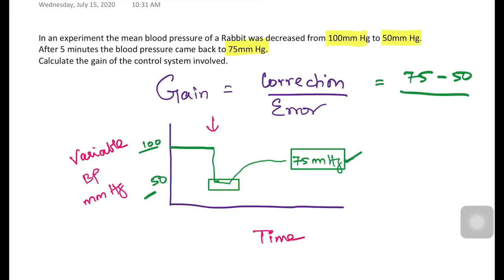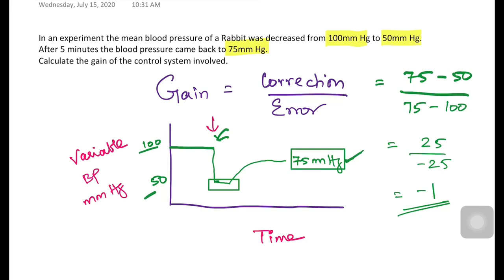Error is the remaining error, that is the difference between the final corrected value and the original set point. So this is 75 minus 100. So this would be 25 by minus 25, and this is equal to minus 1. So this is the gain of the control system, negative 1.